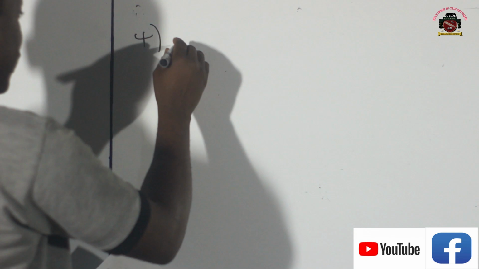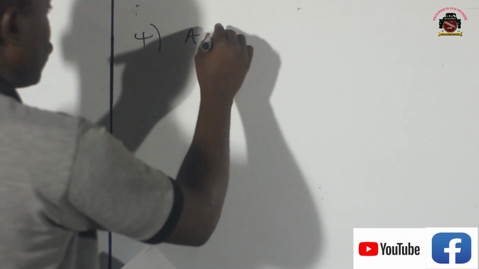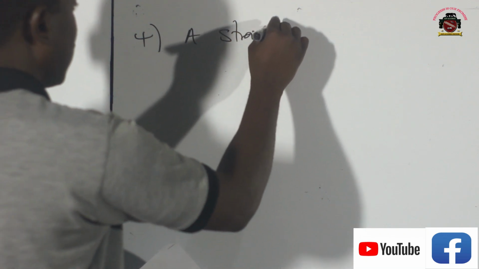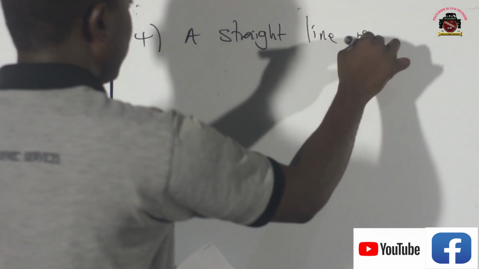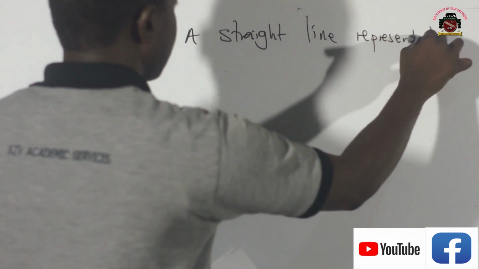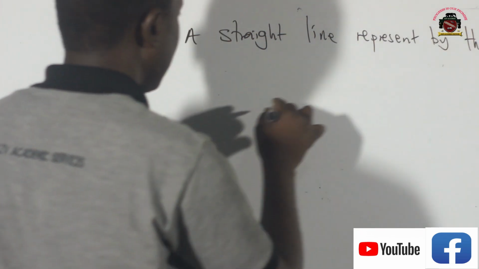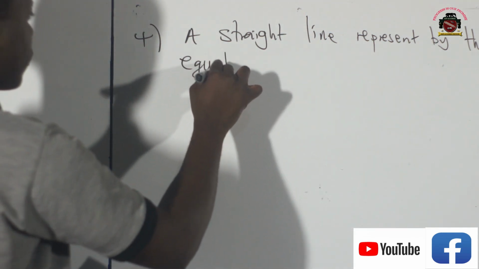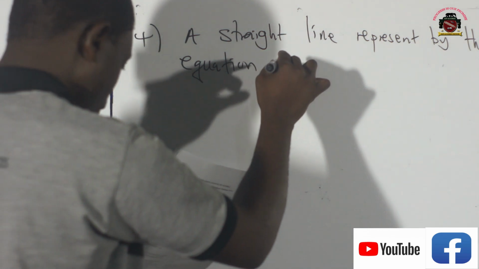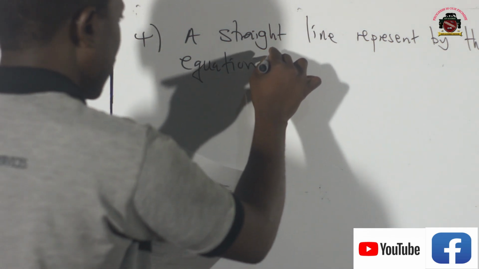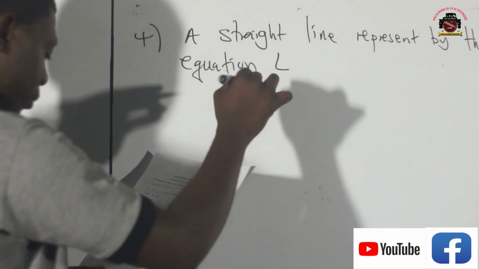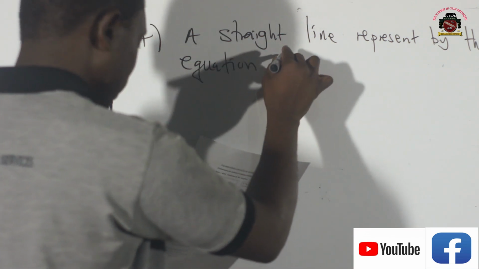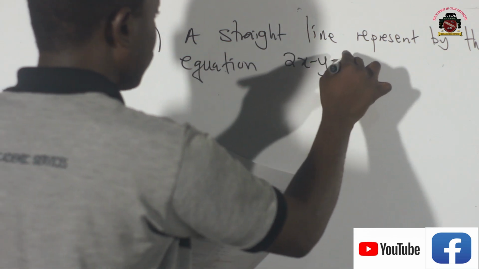So question 4 asks us here, they are saying a straight line L is represented by the equation 2x minus y is equal to 5.